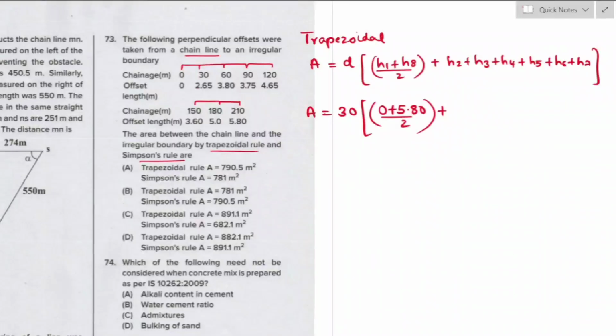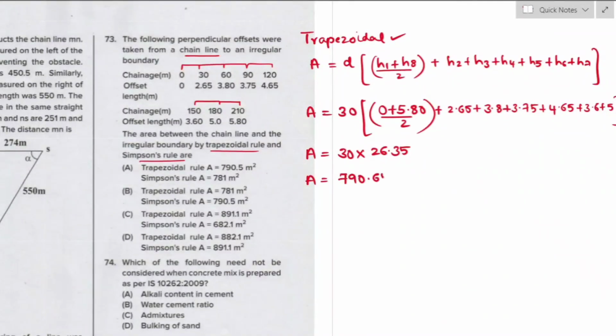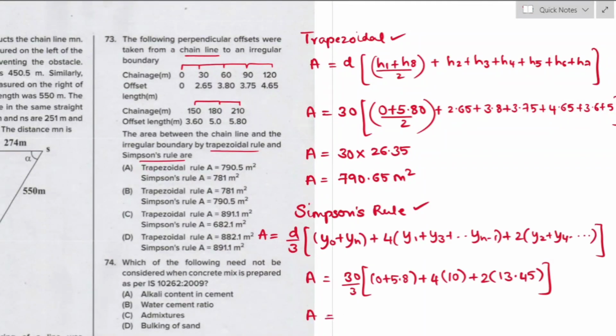Similarly, the remaining offsets are added, so the area of the irregular boundary calculated from the trapezoidal formula is 790.65 meter square. On solving, the area of the irregular boundary according to the Simpson rule will be 727 meter square. So the right answer is option A.